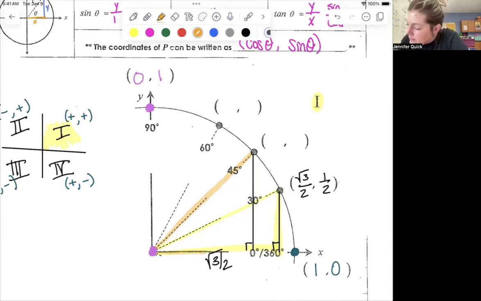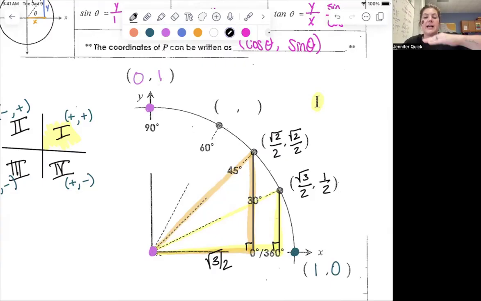Now we do know that a 45, 45, 90 triangle from the last video has the same leg values. So it's the square root of 2 over 2 for the x value, and then the same for the y value, because it's an isosceles triangle. Okay.